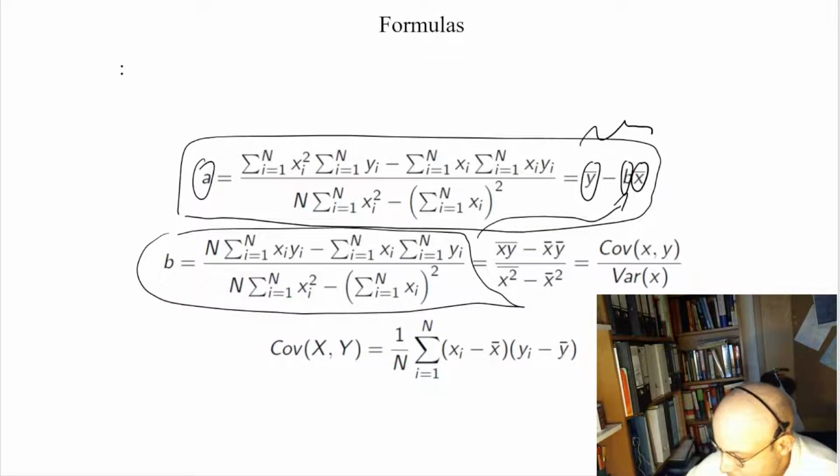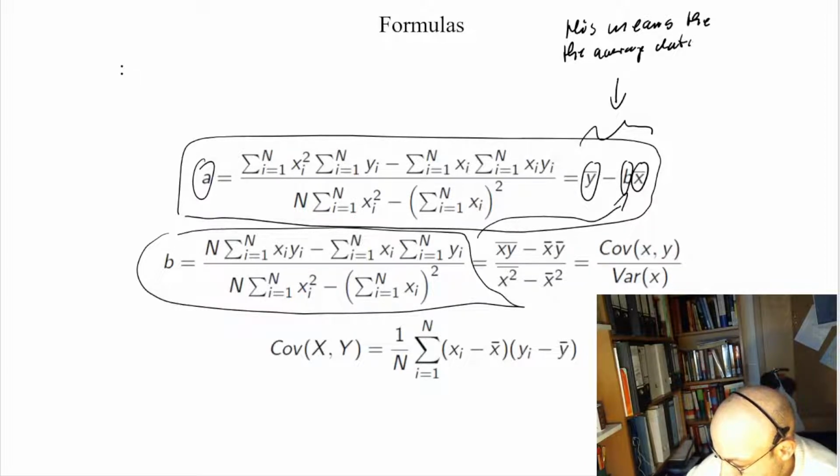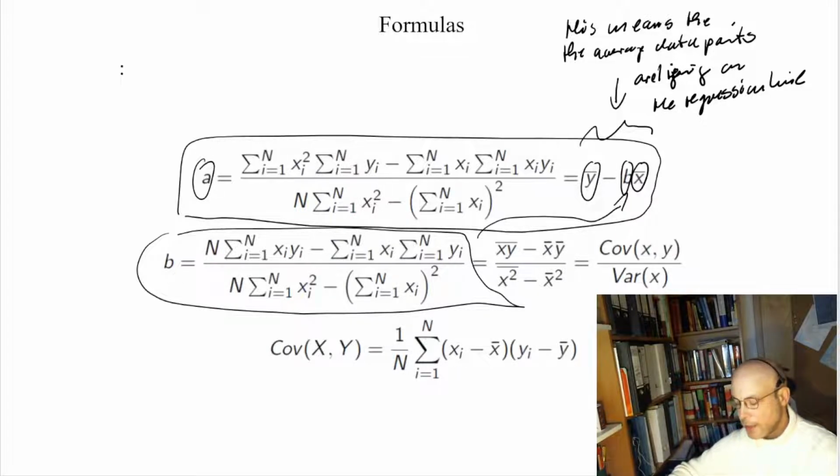So this means also that the average data points lie, or are lying, on the regression line.